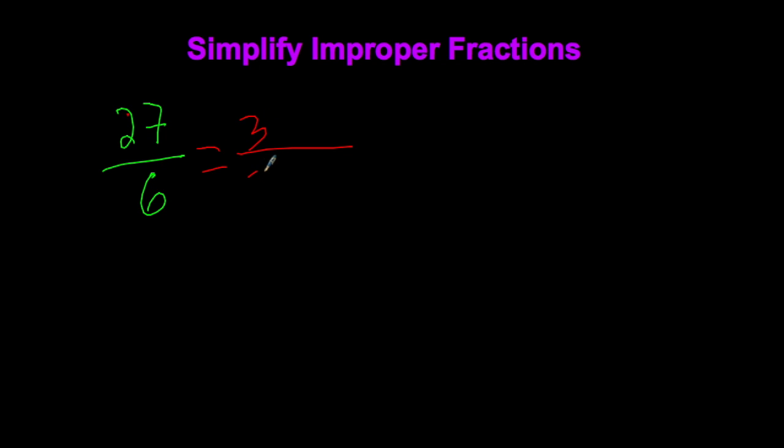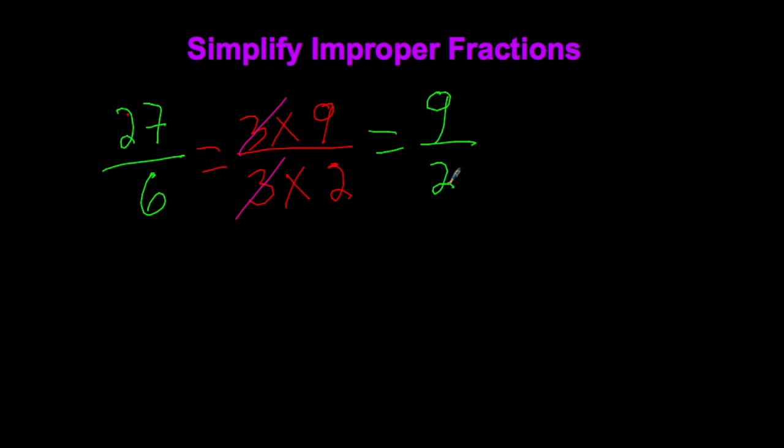So go ahead, 3 is common. What number you multiply by 3 to get 27? It's 9. What number you multiply by 3 to get 6 is 2. So because the 3 appears at the top and the bottom, you can cancel that.